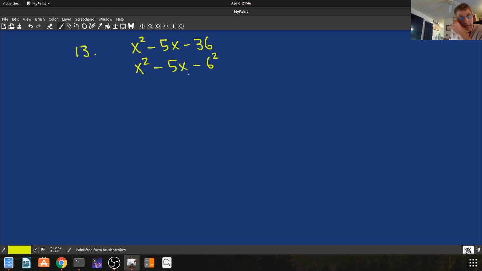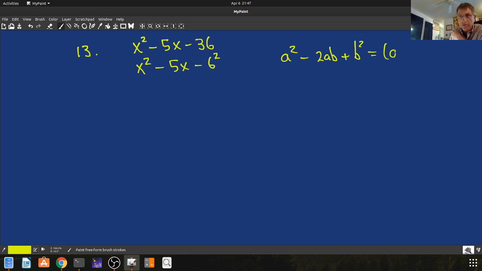But that's not going to help because we don't have a formula for it. a squared minus 2ab plus b squared is our formula for a minus b squared, and this is a minus sign right here. So we can't use it. So we have to factor it the regular method.